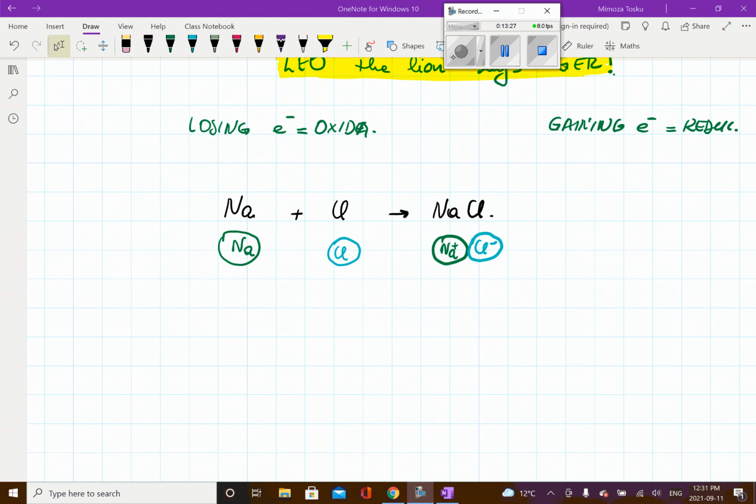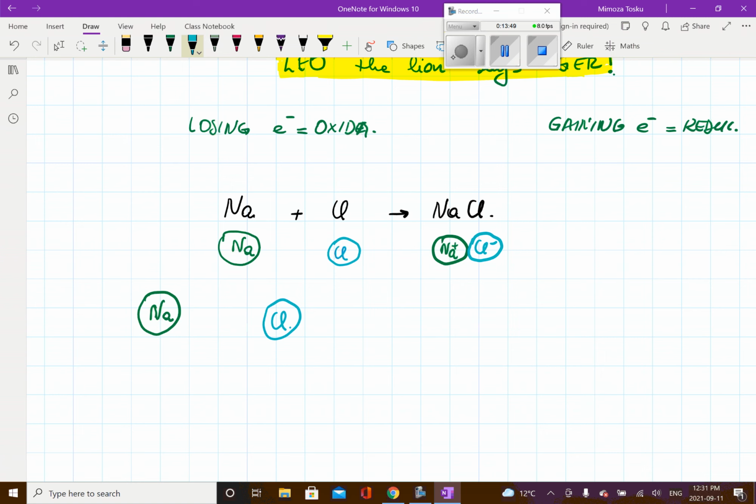Okay, so if we break it down into small steps, we start with a sodium atom and a chlorine atom. They are neutral.